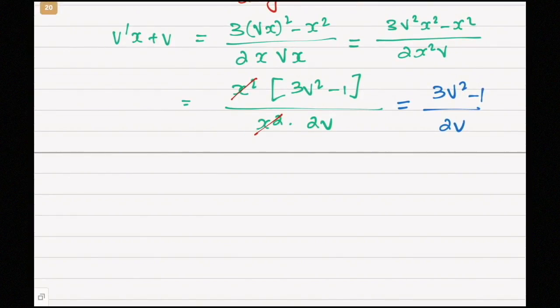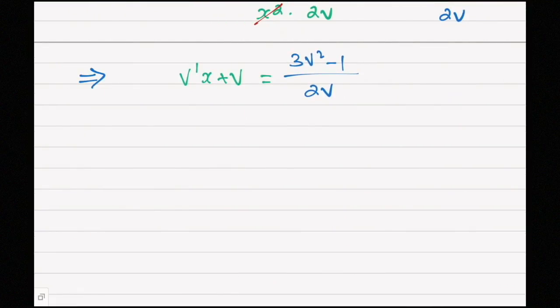Let's simplify this furthermore. On my left hand side, I have v prime x plus v. On my right hand side, I have 3v squared minus 1 divided by 2v.